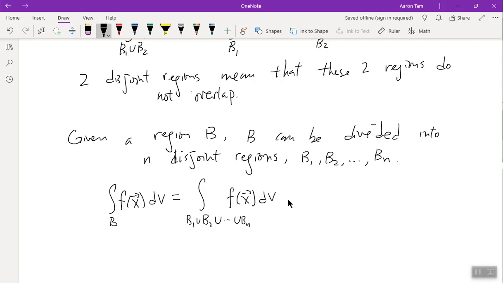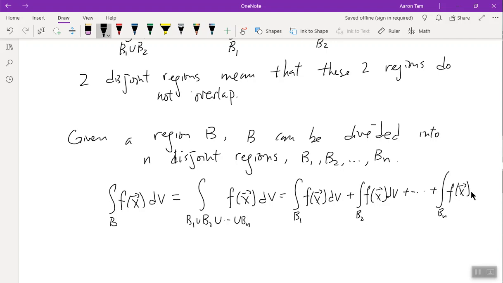And by this theorem, I can therefore separate this into a whole bunch of integrals. And what this will allow us to do is divide complicated regions into smaller, simpler regions, and then integrate them individually and hopefully come up with the answer.